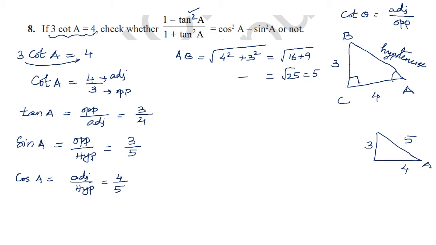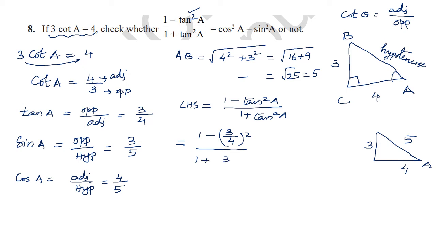Okay, let us take the LHS. What is LHS? 1 minus tan square A by 1 plus tan square A. Shall we put it here? What is 1 minus tan square A? 1 minus 3 by 4 whole square by 1 plus 3 by 4 whole square.